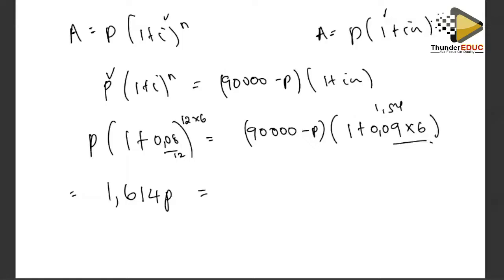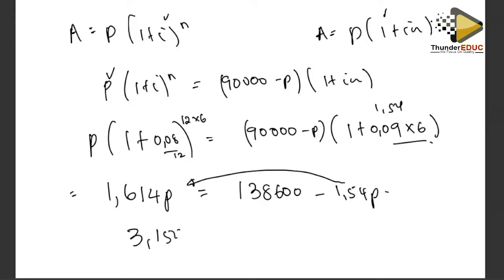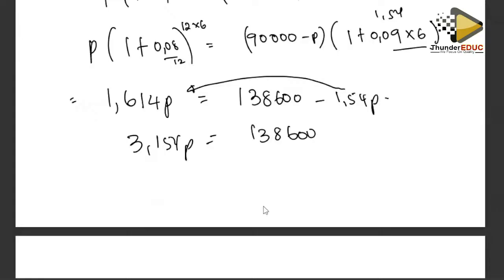So 1.54 multiplied by 90k, I'm getting 138,600 minus 1.54P. I'm going to move this one to that side. So 1.54 plus 1.614 gives me 3.154P equals 138,600. Then I'm going to divide both sides by 3.154.